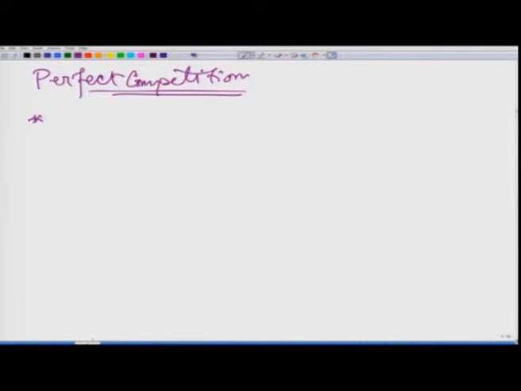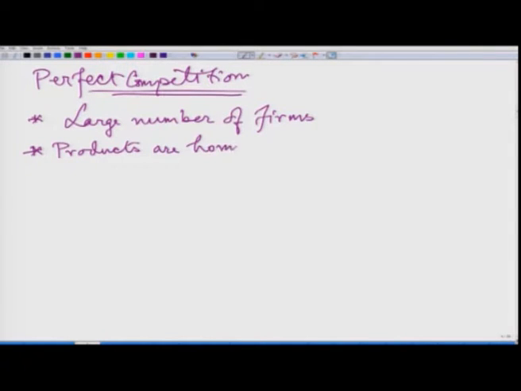So over here also we'll say a large number of firms. The second point is that products are homogeneous. That is, every single firm produces an absolutely similar kind of product.